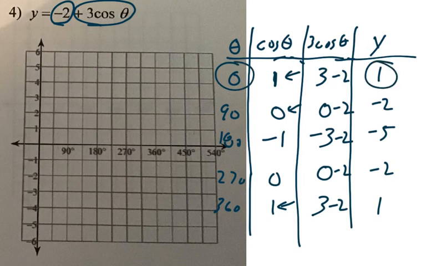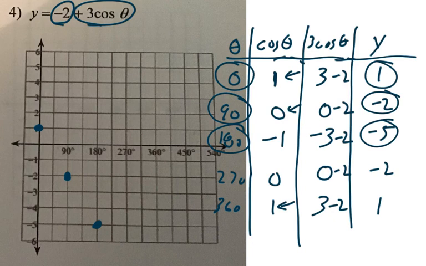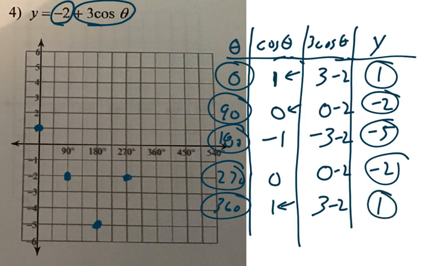0 degrees is 1. 90 is negative 2. 180 is negative 5. 270 is negative 2. 360 is 1.